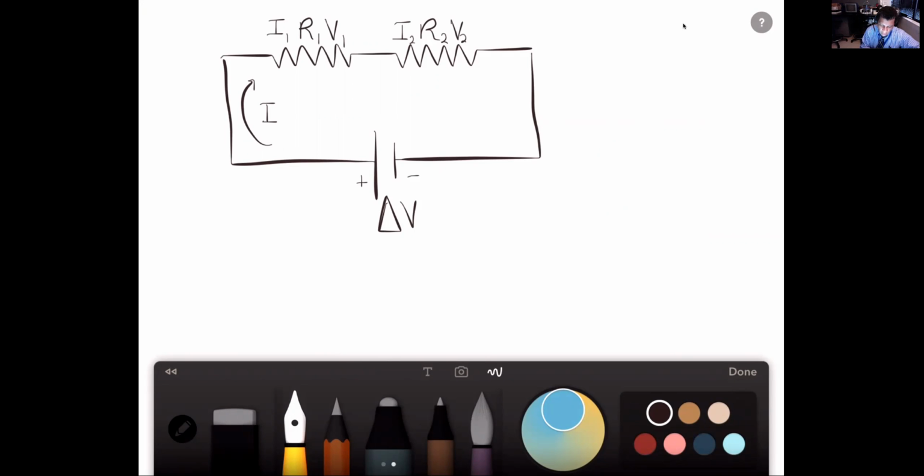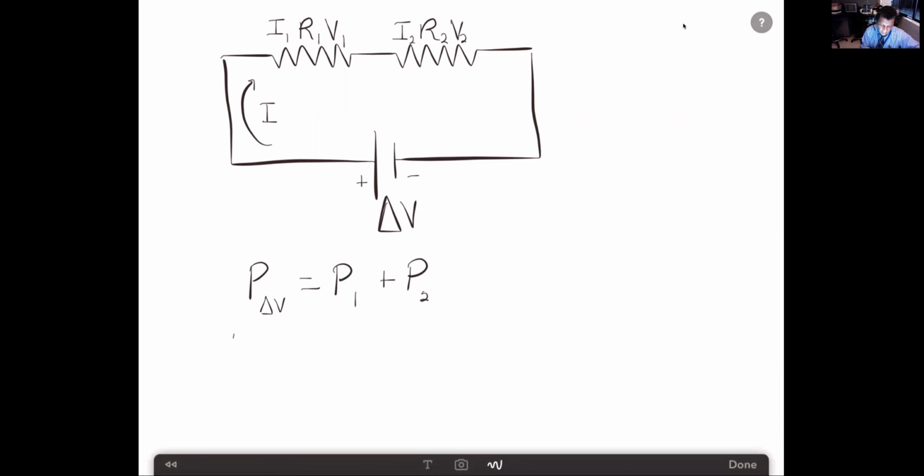We're going to use the same thinking that we did before. The power being produced by the battery is going to be equal to the power being consumed by the resistors. So we're just going to use our same mathematical technique here. This is going to be equal to I1 times V1 plus I2 times V2.